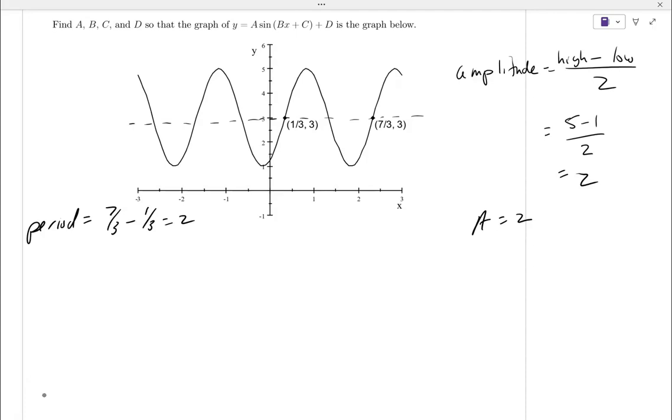Of A, B, C, and D, which value relates to the period? B does, right? That's the thing that tells you about the period. Now, for amplitude, we said the amplitude was 2, so the A value was 2. So as the period is 2, is the B value 2? No. How do you solve for the period when you're given the B value?